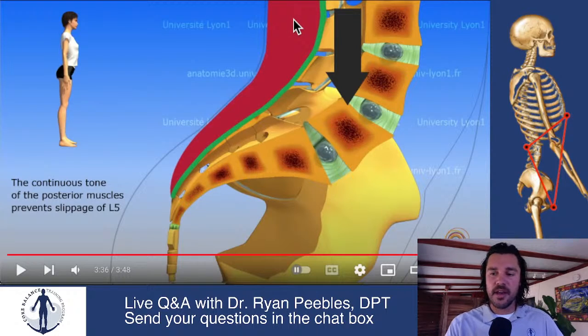And so that's another part of the pattern, the tight lower back muscles that we tend to experience. And there's other muscles contributing as well, including the hip flexors.